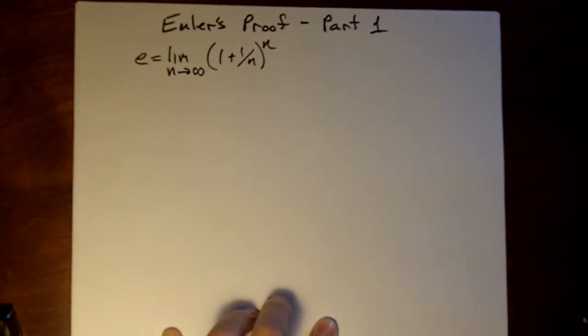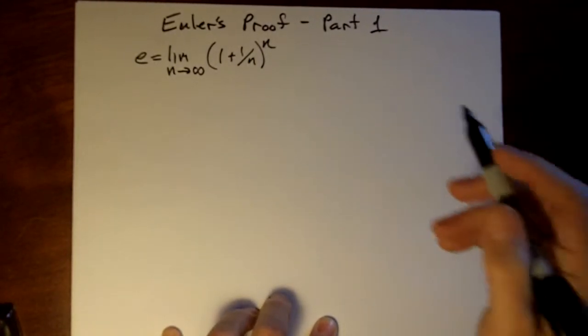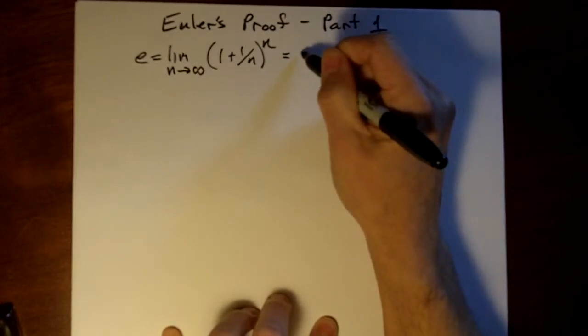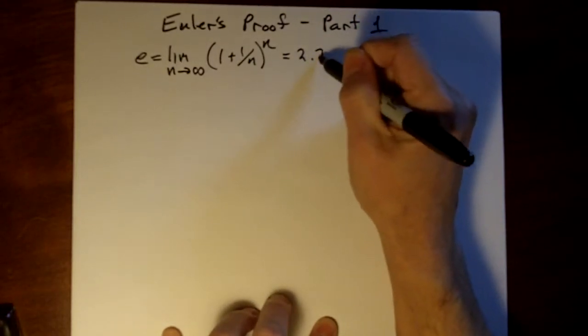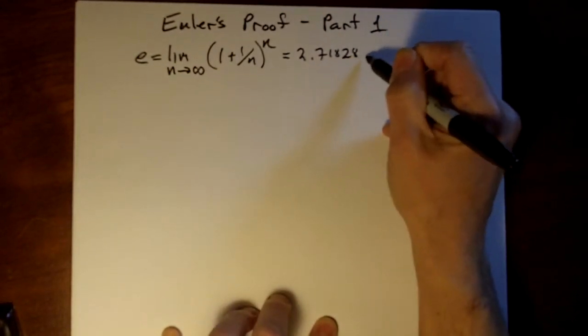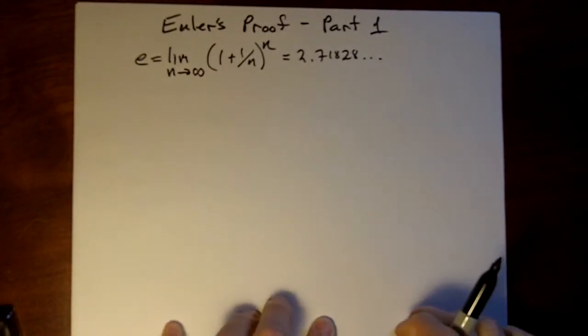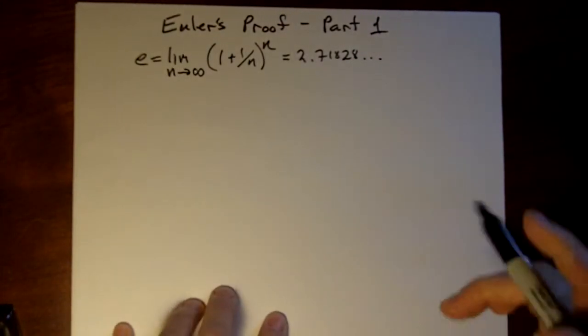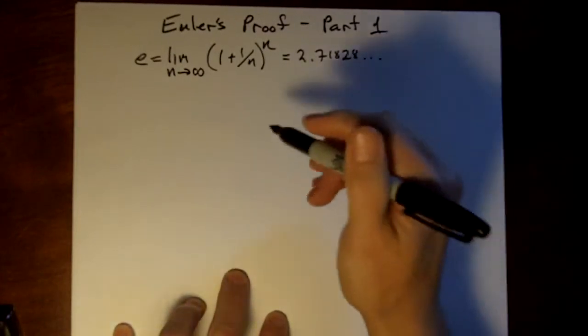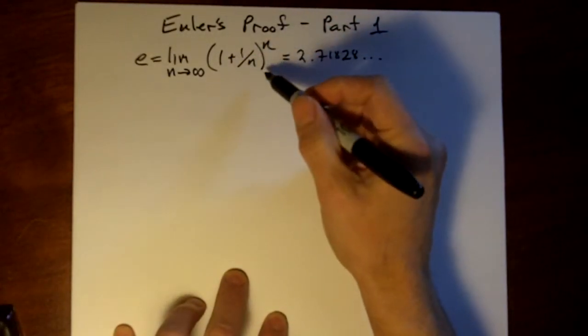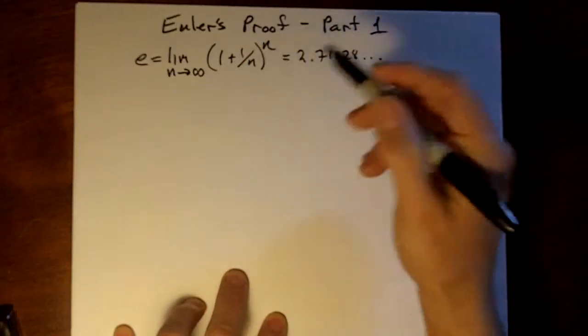All right, and I guess we should mention that when you put it in your calculator, for instance, it ends up being like 2.71828, etc. So here's Euler's idea. This is just a binomial that needs to be expanded.